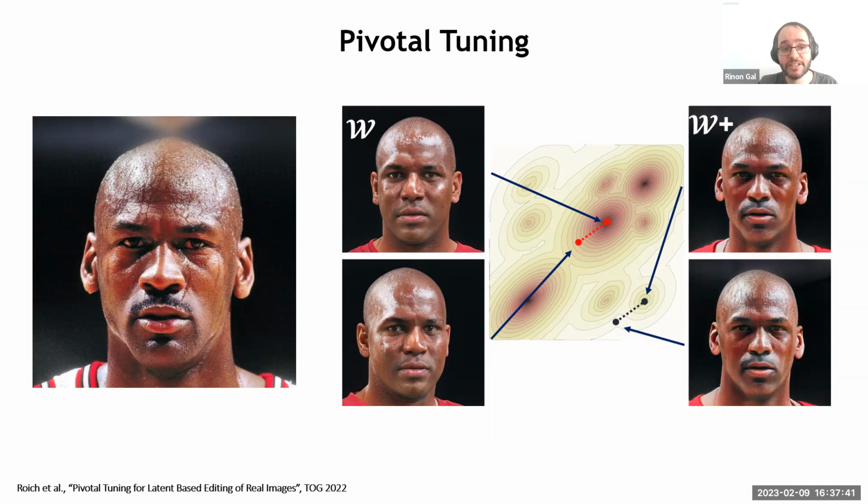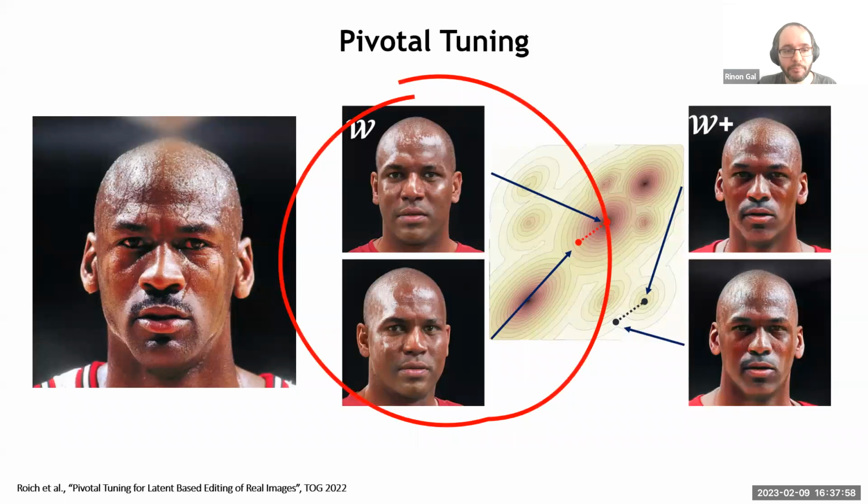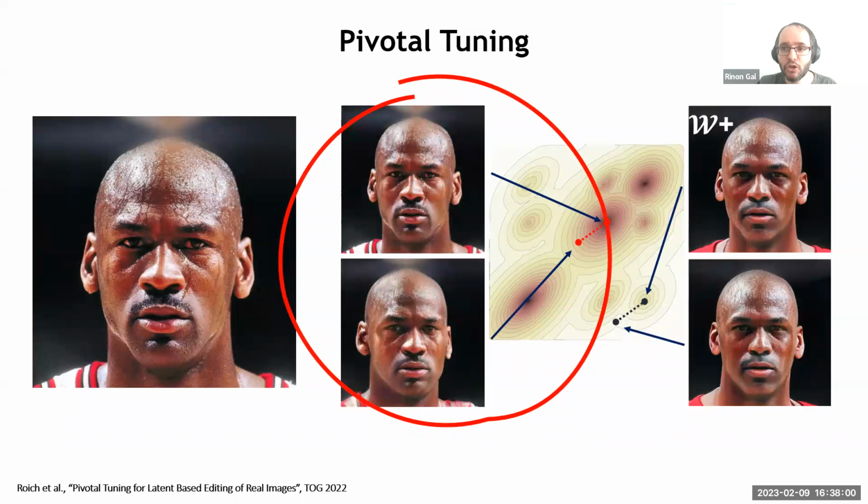We won't manage to get something that looks exactly like Jordan, but we can ensure that it exists in an area which we can later modify more easily, right? Change the pose, for example. Then we can fine-tune the model around this point in order to make the appearance better, right? To change the appearance in this specific region to match our target image better.